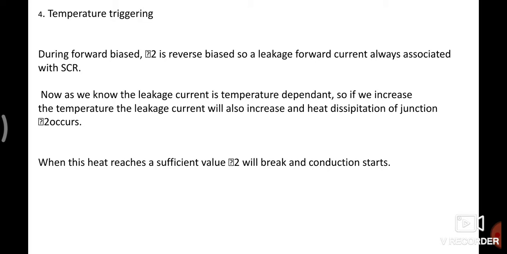If you increase the temperature up to a certain point, the maximum current flows through junction J2. In that situation, junction J2 will break down and start conduction. But the disadvantage here is that if you increase the temperature, the SCR may get damaged. That's why this is also not used widely.